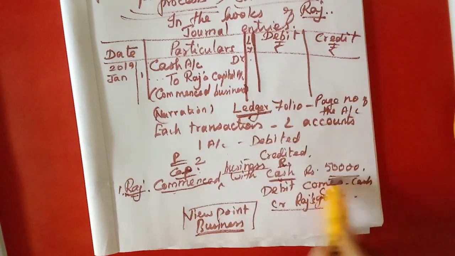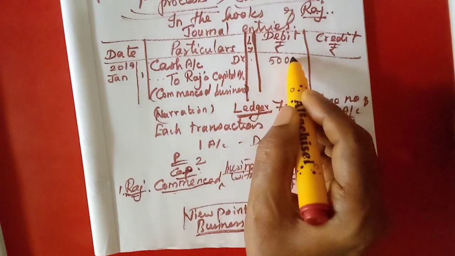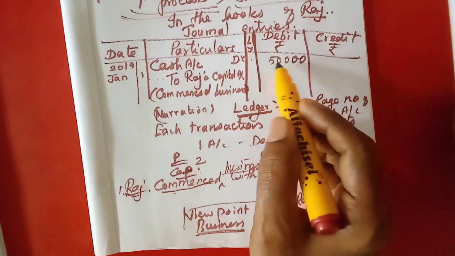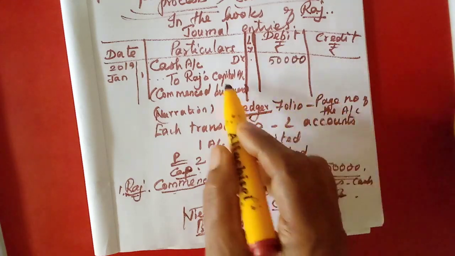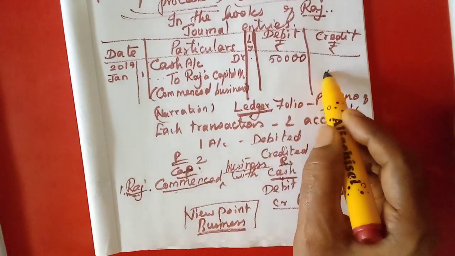Then what is the amount? 50,000. For debit, you have to write in this line, leaving a little space. The amount must be very clear. Then credit, straight to this one, not here. Here you should write 50,000.